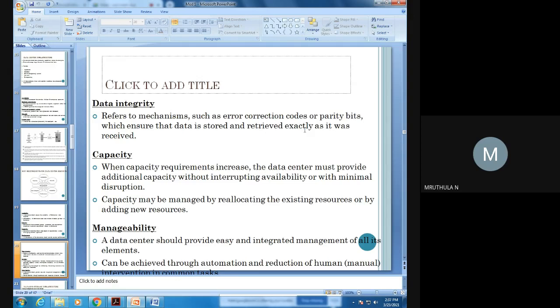When capacity requirements increase, the data center must provide additional capacity without interrupting availability or with minimal disruptions. Capacity may be managed by reallocating the existing resources or by adding new resources. Okay, so data center operations require adequate resources to store and process large amounts of data efficiently. Manageability. A data center should provide easy and integrated management of all its elements. It can be achieved through automation and reduction of human intervention in common tasks.